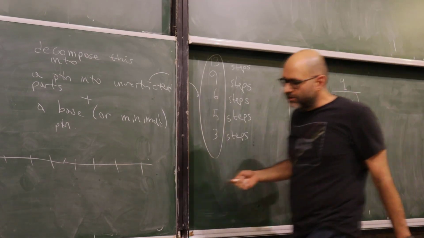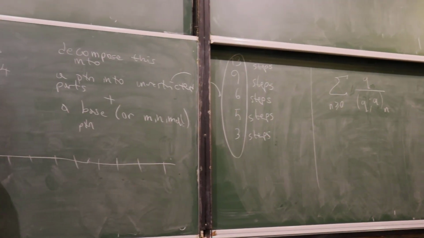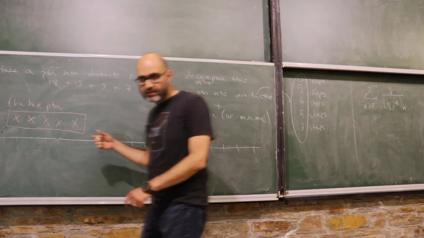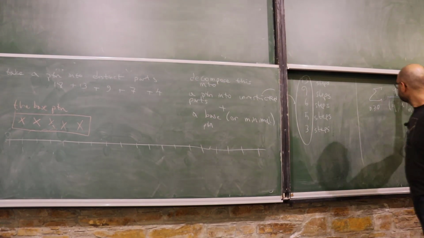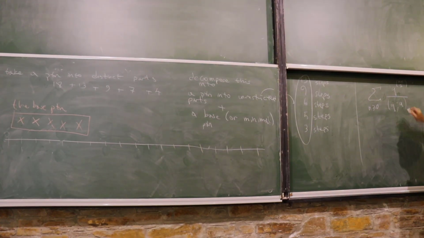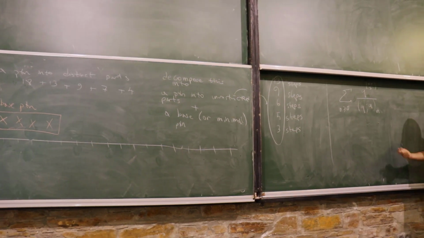And what's going to be the weight of the base partition? 1 plus 2 plus 3 up to n. This is going to be n plus 1 choose 2. This is the generating function for partitions into distinct parts.